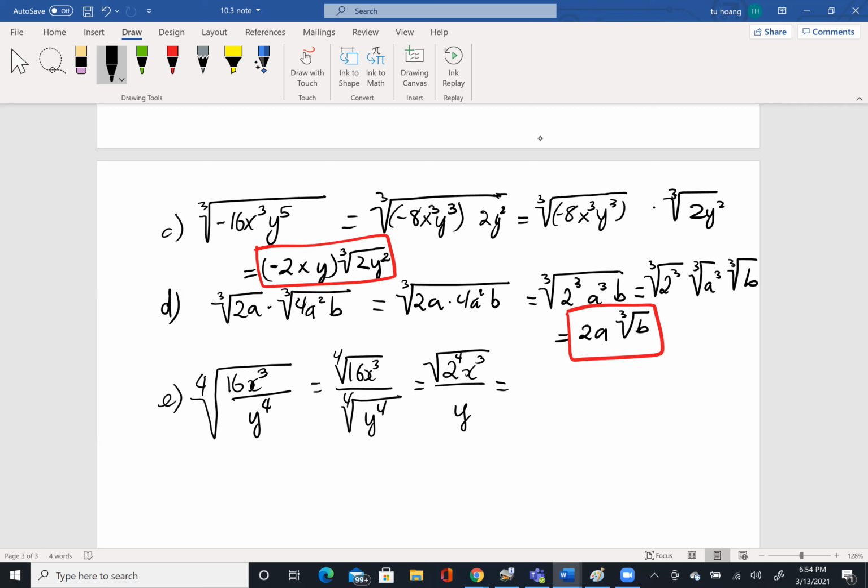So the fourth root of 2 to the 4 is equal to 2, times the fourth root of x cubed, divided by y. That's going to be the answer.